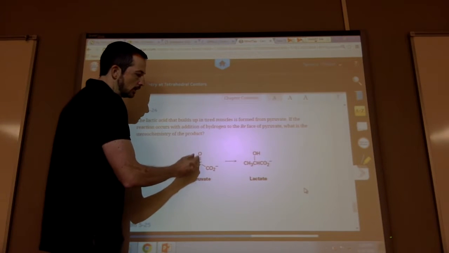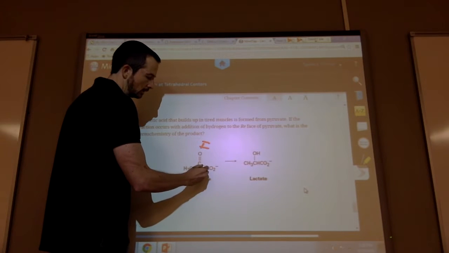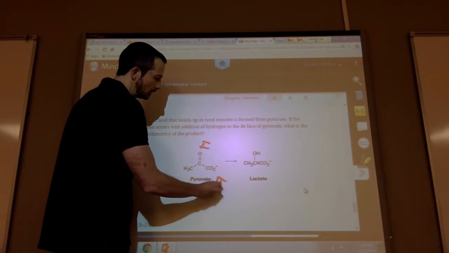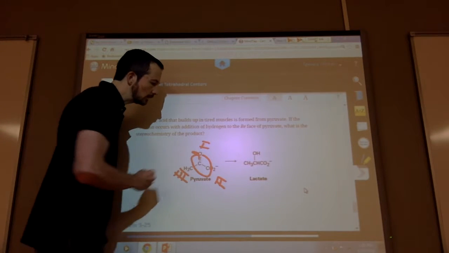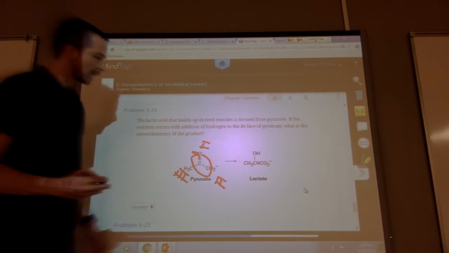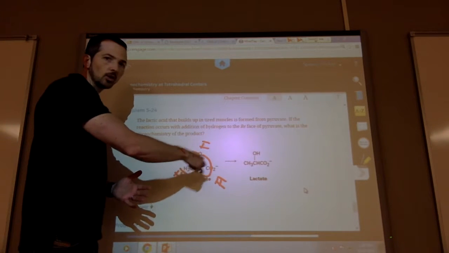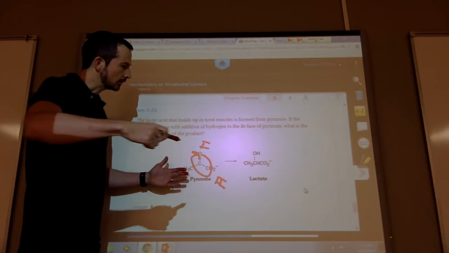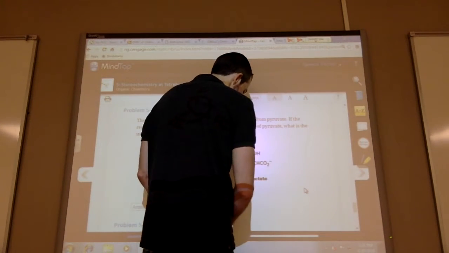Oxygen, carbon, carbon, so this would be 1. The other oxygen here would be 2. This would be 3. So 1 to 2 to 3, and that means this is the Re face because that's R, that's clockwise. So my hydrogen must be adding from this side, so I'm going to go over here and draw that.